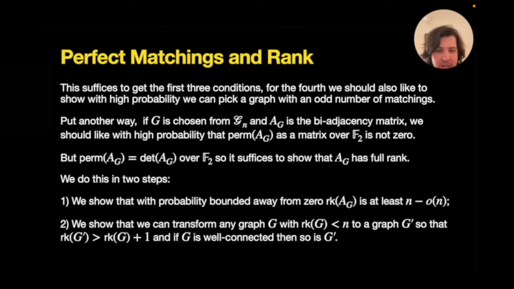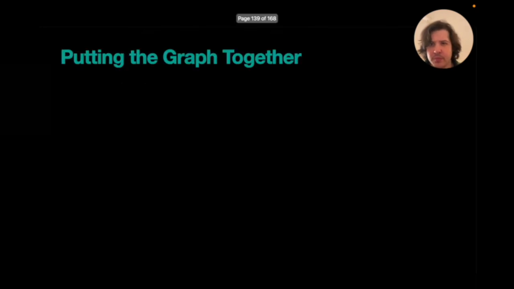We couple this with another result, which says that if we have some graph G with sublinear rank, we can transform it into a graph G dash with slightly higher rank, and if G is well connected, then so is G dash. More formally, we lose a little bit of the connectedness, but since we only need to iterate this a sublinear number of times, we still retain a linear lower bound on the well-connectedness parameter. But I won't go into too many details there.